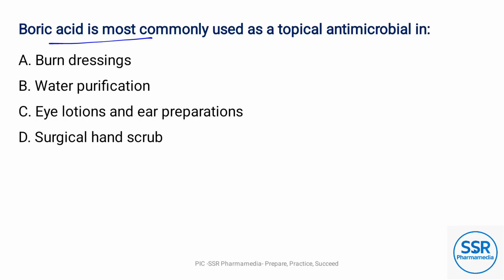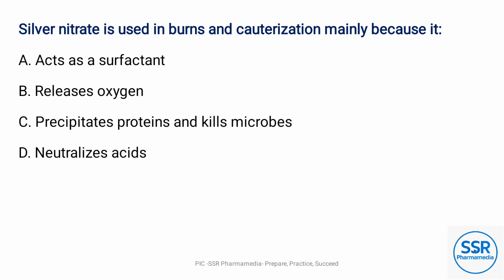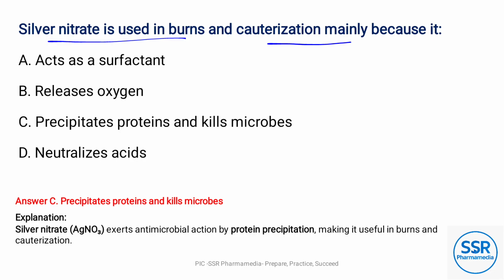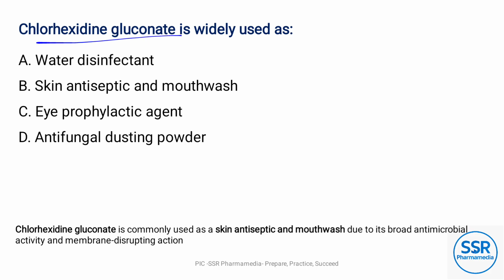Boric acid is most commonly used as the topical antimicrobial in, option C, eye lotions and ear preparations. Silver nitrate is used in burns and cauterization mainly because it's option C, precipitates proteins and kills microbes. Chlorhexidine gluconate is widely used as, option B, skin antiseptic and mouthwash.